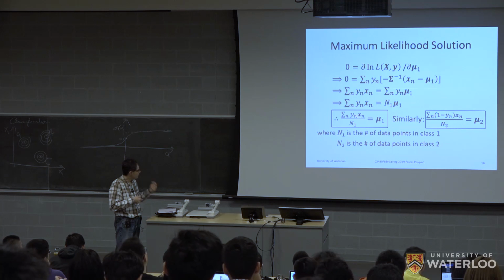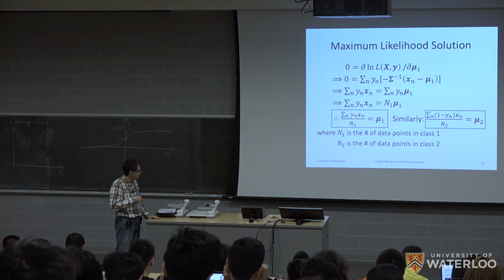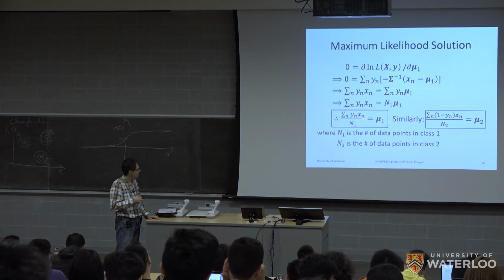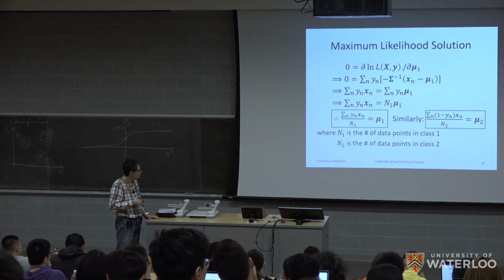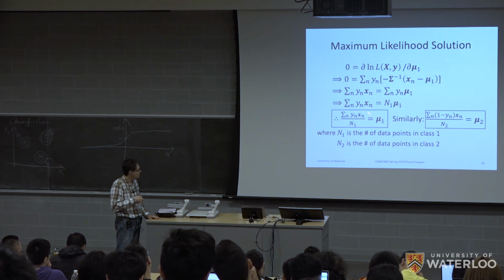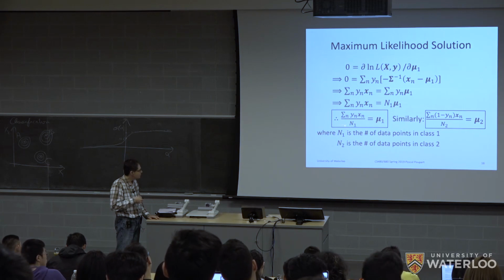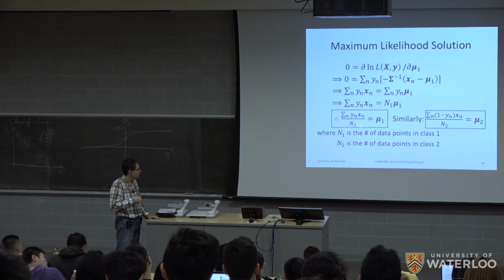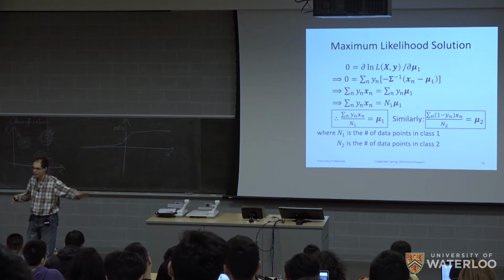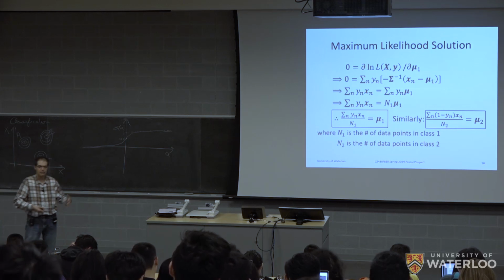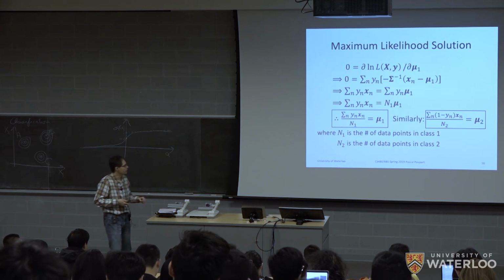So points of that class have a yn equal to 1. And then I'm taking the sum of all their inputs divided by how many points are part of class 1. So this is essentially the mean of their inputs. And again, naturally, if we didn't do any of this derivation, this is what you would arrive at. So now we've got a justification for that.